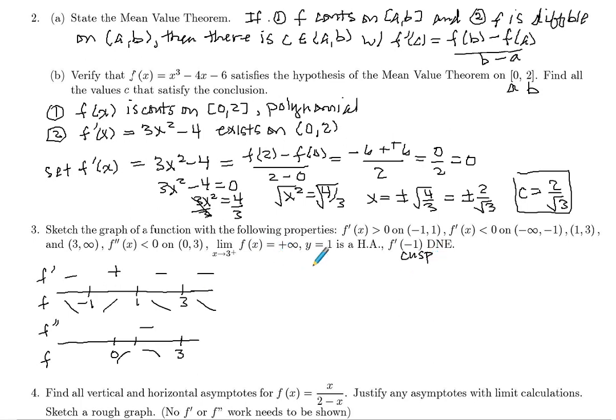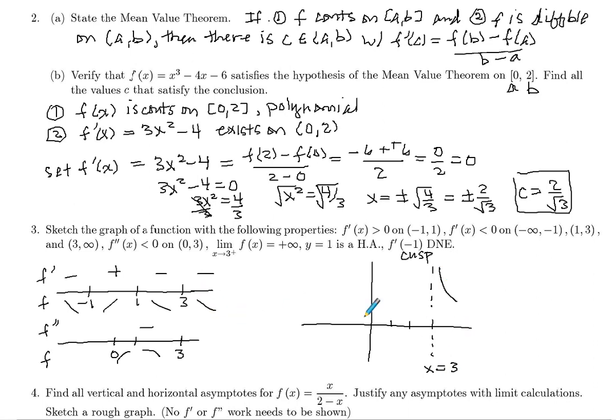But first let's sketch in our asymptotes here. As x approaches 3 from the plus side, f of x goes up to positive infinity. So that means that x equals 3 is a vertical asymptote. And as you come in from the positive side, this function has to go up to positive infinity. And that agrees with this.